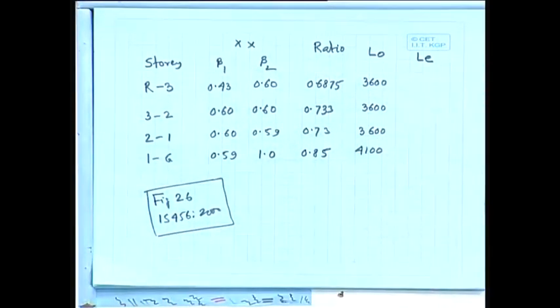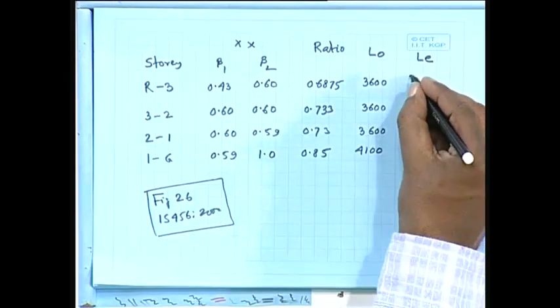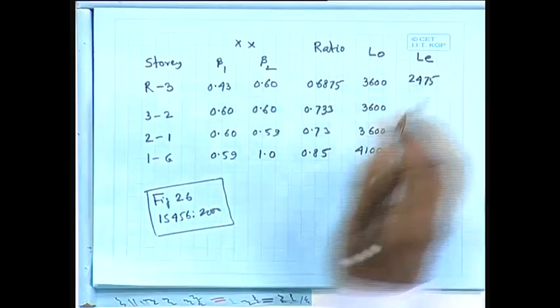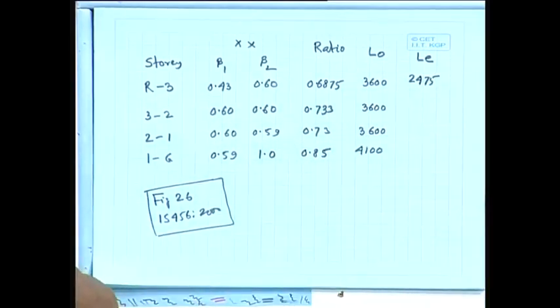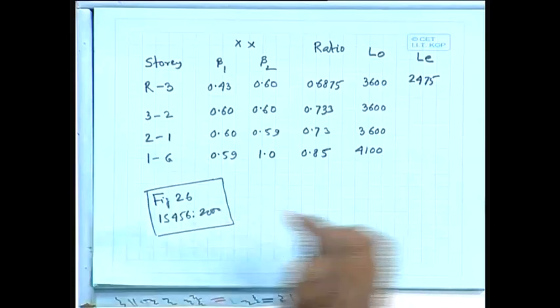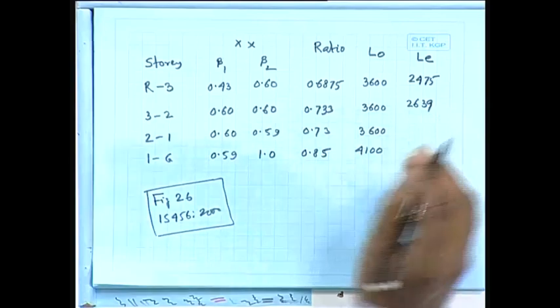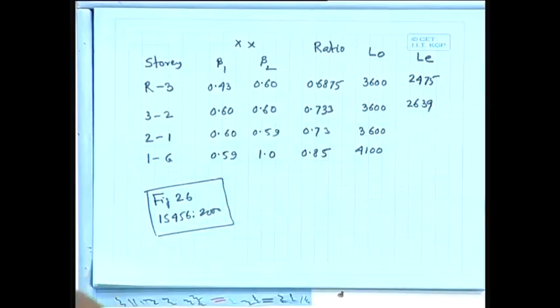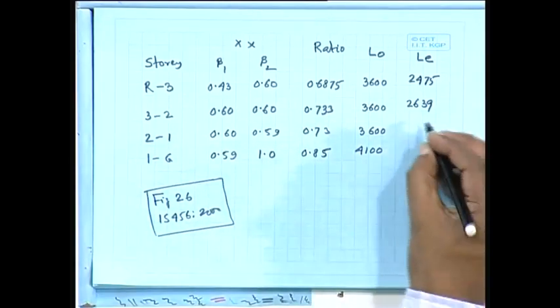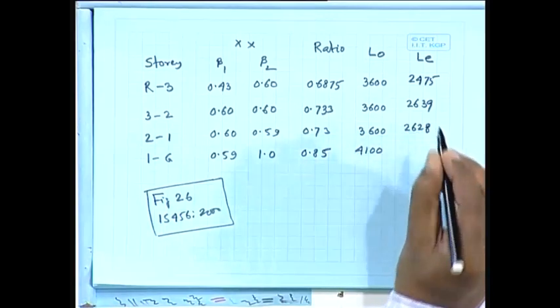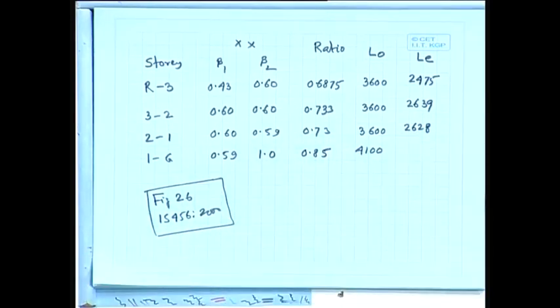So, LE equal to 2475.733 into 3600. So, 2639.73 into 3600, 2628, 4100.85.